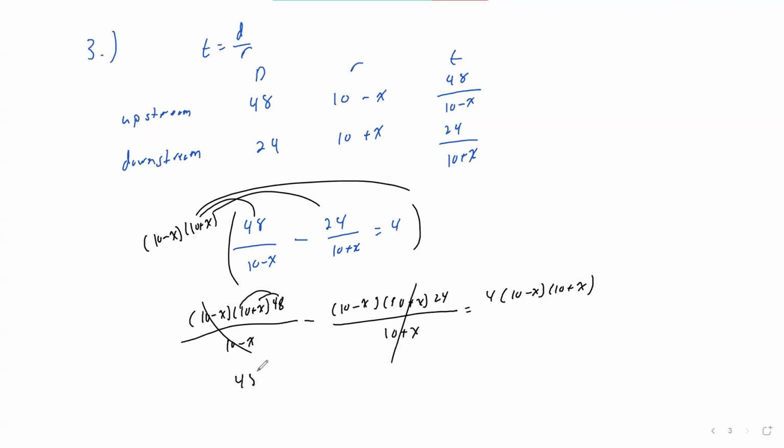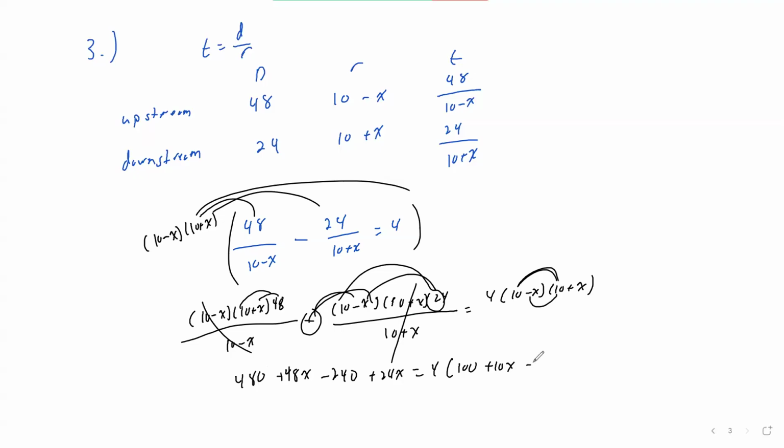So that's going to be 480 plus 48x. And then this negative and this 24 will both be going in at the same time. So that would make that negative 240 and a positive 24x. This right here is going to be 10 times 10, which is 100. 10 times x, which is 10x. Negative x gives me negative 10x, and then negative x squared. I'm going to combine like terms as best as I can.